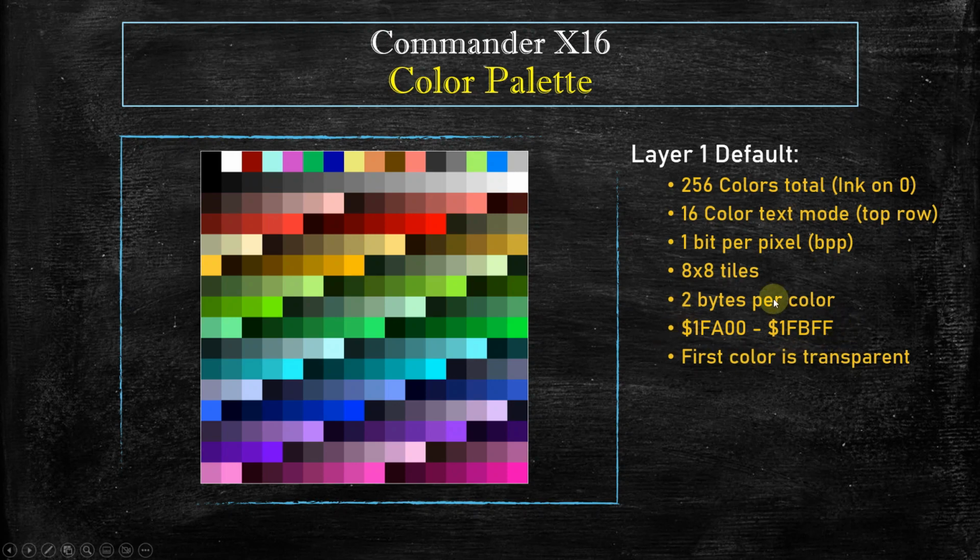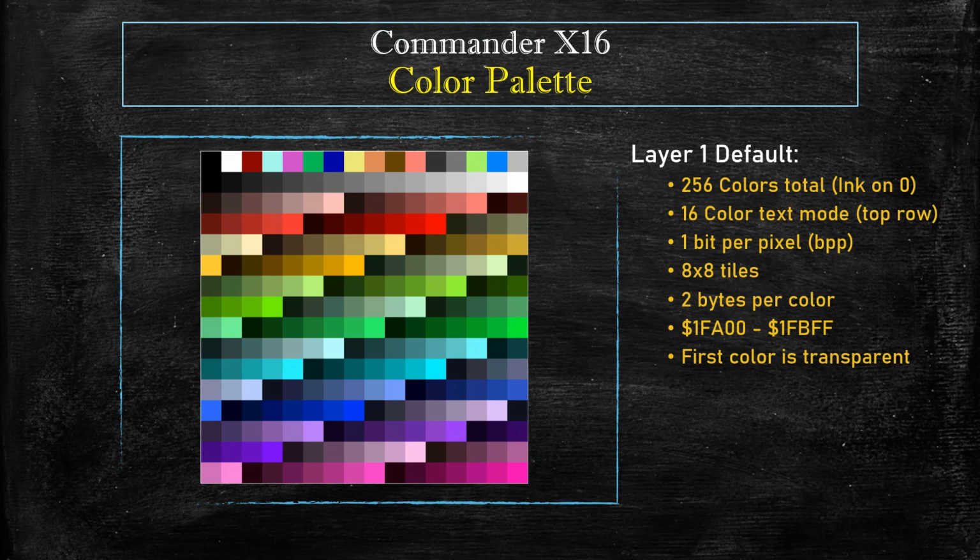Now here's a reminder of the addresses in video RAM or VRAM where these color palette values are actually stored. They're stored in addresses ranging from 1FA00, which is actually the transparent color, through to 1FBFF. Just remember that each color requires 2 bytes to specify its value.